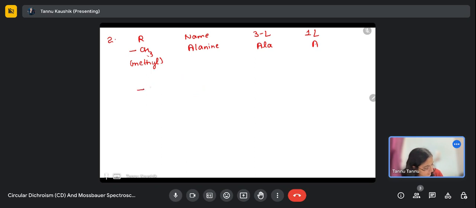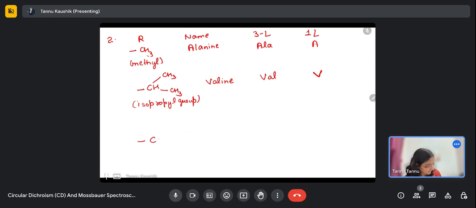Now if R is equal to an isopropyl group, then the name of the amino acid is valine, and the three letter code is VAL, and then the one letter code is V. So we have a positional isomer of, sorry, not of valine, we have this amino acid called leucine, and it has a positional isomer.